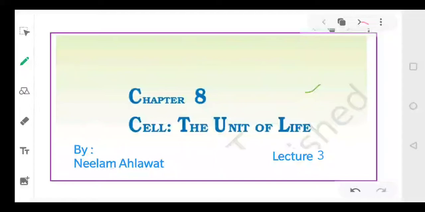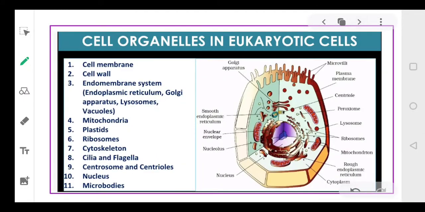Dear students, so far we have talked about the various organelles that are present in the eukaryotic cells. Like we have talked about the cell membrane, the cell wall, the endomembrane system. And we know that the endomembrane system is comprised of the endoplasmic reticulum, Golgi apparatus, lysosomes, and the vacuoles.